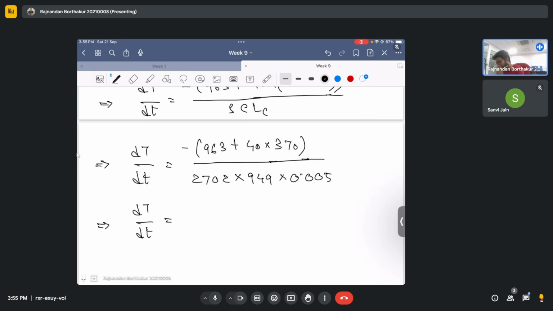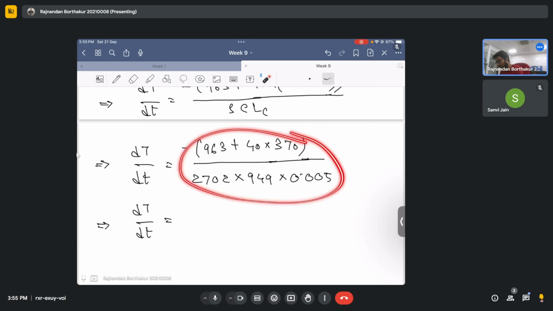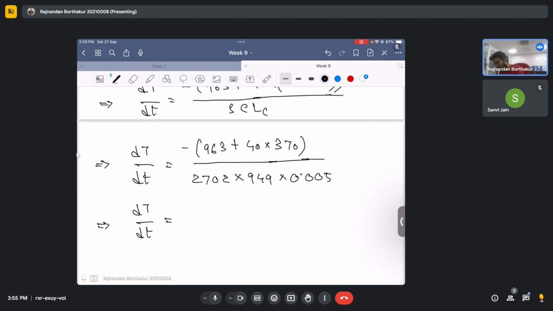I think we are doing it correctly. Yes, I think it's correct. So you just need to calculate this, and you will end up with dT by dt of around minus 0.378 with a unit of Kelvin per second. And that's it.